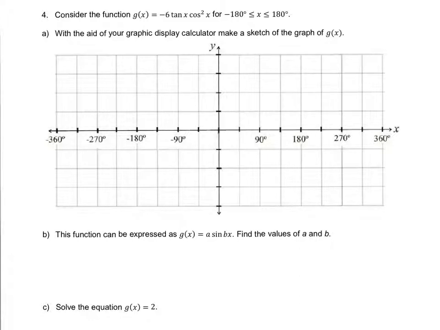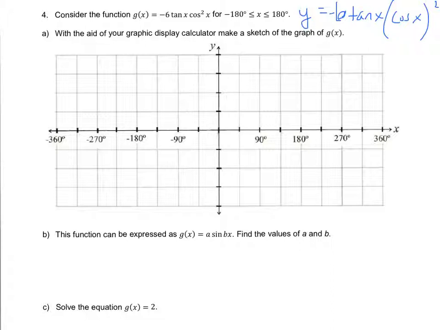So if you're inputting it into your calculator, make sure that you enter it like this. You go to the y equals button and you say negative 6 tan x, and then put in a bracket and go cos x, close the bracket, and square that. That's definitely a better way of entering in the equation, and you'll be able to get a great graph.